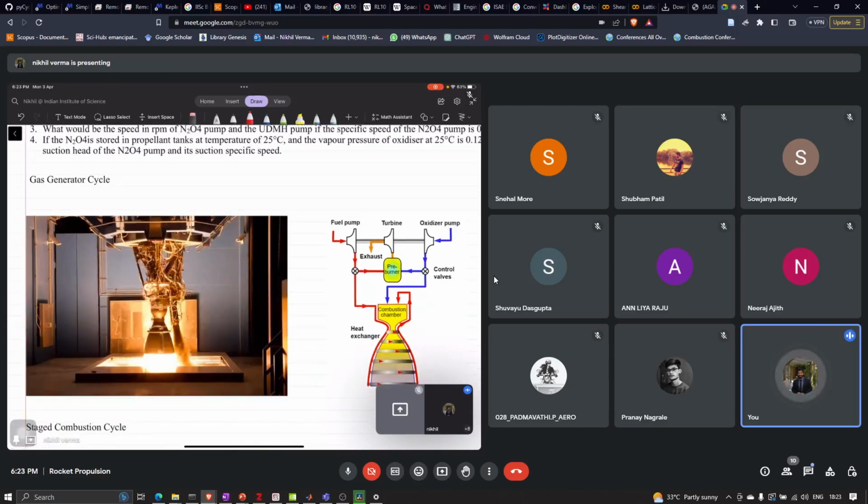Why can't we directly inject the propellant into the chamber? So my question is, why can't we have a system like this, where we have a fuel tank, fuel, and an oxidizer, and we feed it into a combustion chamber and expand through a nozzle? Can we have a system like this? Why do we need this complicated system?